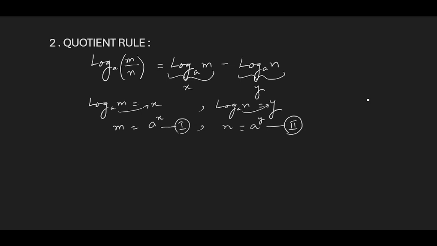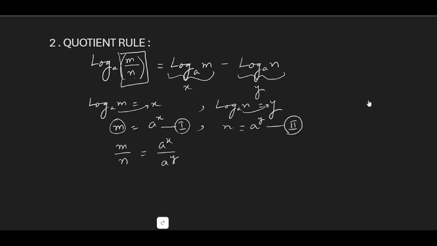Now you can see here this is m upon n. So we need to divide the left hand side by the left hand side and the right hand side by the right hand side. So that would be m upon n equals a to the power x upon a to the power y. I have divided m by n and a raised to the power x by a raised to the power y.